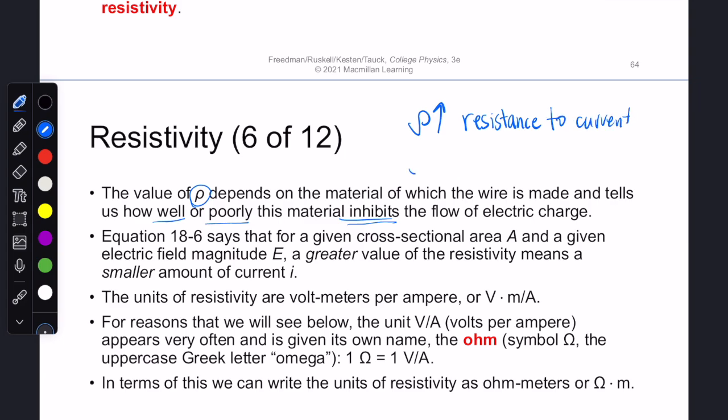If the resistivity is low, there is low resistance to current. And that makes sense if you look at the equation up here. I'll rewrite it over here. Current is electric field times area divided by rho. There's an inverse relationship between current and resistivity. So increasing rho would decrease current, and decreasing rho would increase current.